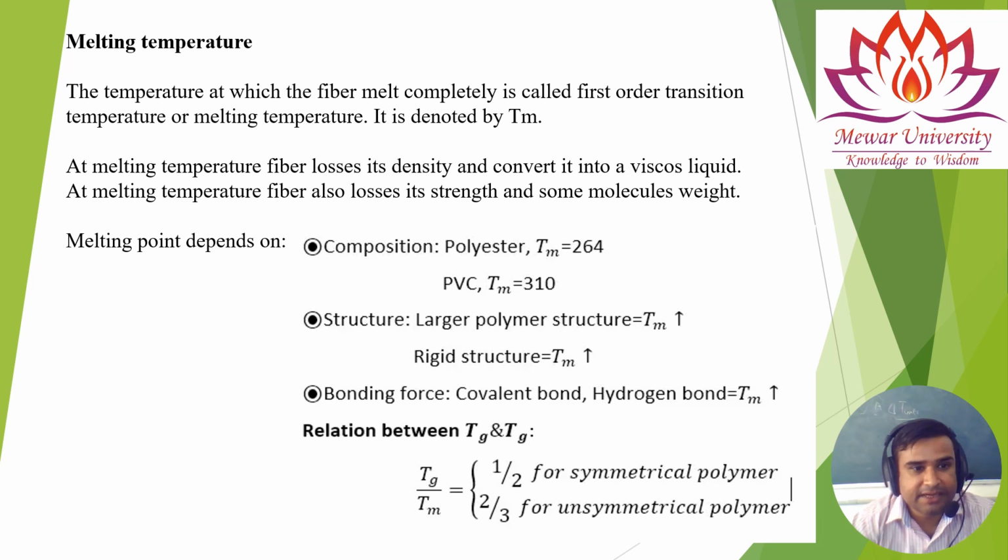Next is melting temperature. The temperature at which the fiber melts completely is called the first order transition temperature, or melting temperature. It is denoted by Tm. So what is a melting temperature? It is the temperature at which the fiber will melt completely.